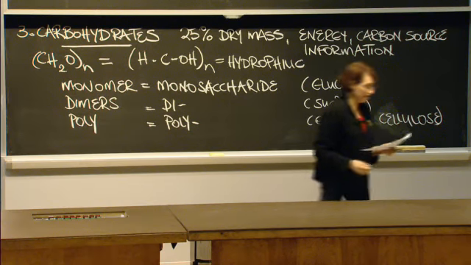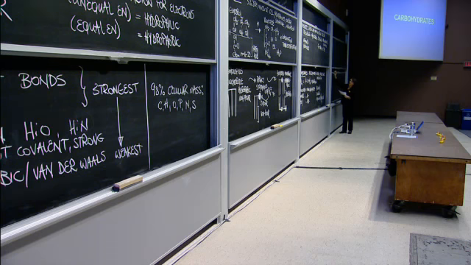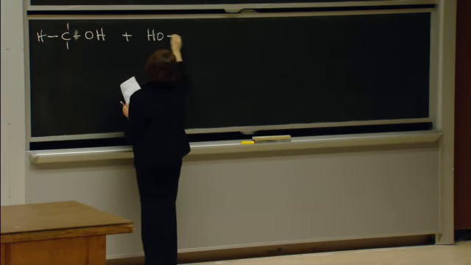All right, let's look at the condensation reaction that is responsible for making carbohydrates. It's a simple condensation reaction, at least on the board. It requires careful orchestration by the cell, but on the board it's easy to draw. One carbohydrate plus another carbohydrate.